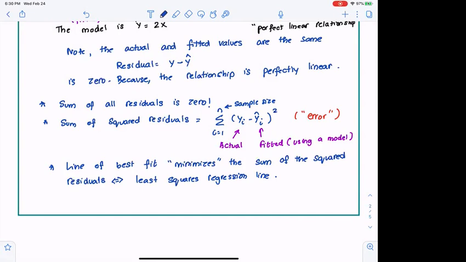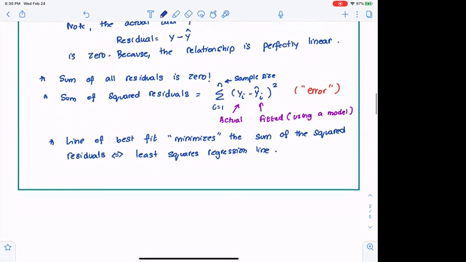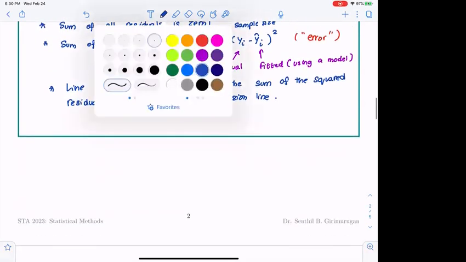Unfortunately, I'm going to give you the values of A and B that would actually minimize the sum of squared residuals and give you the line of best fit. So here is the expression.